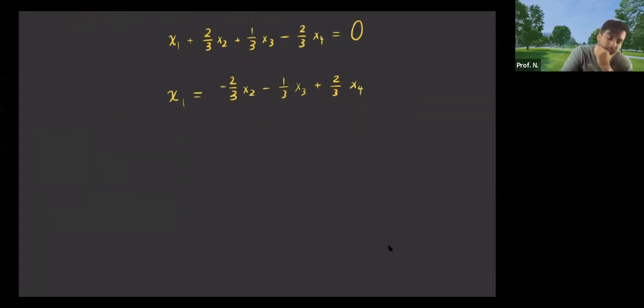Do you see? This is a pivot variable. But what are these? These are free. There's nothing else. They're not bound by anything. They're free.